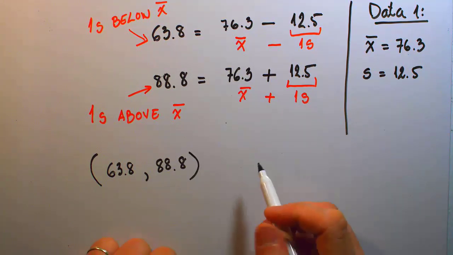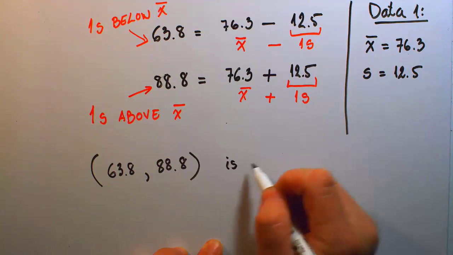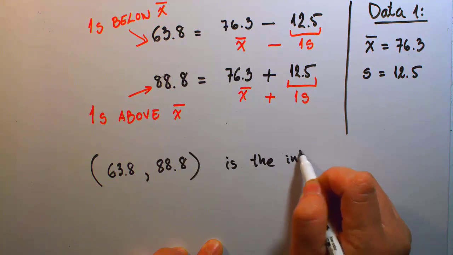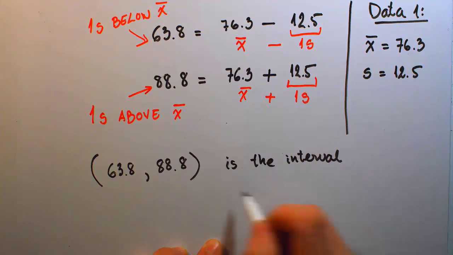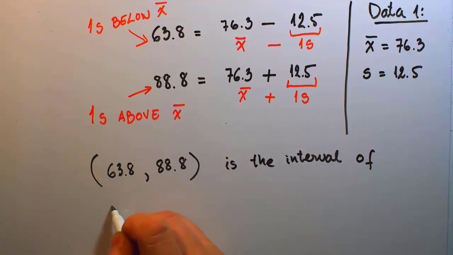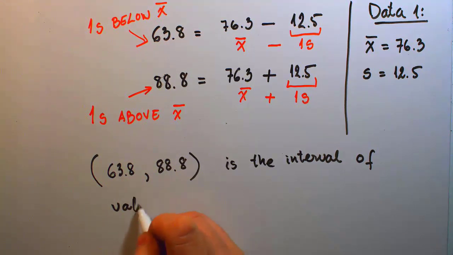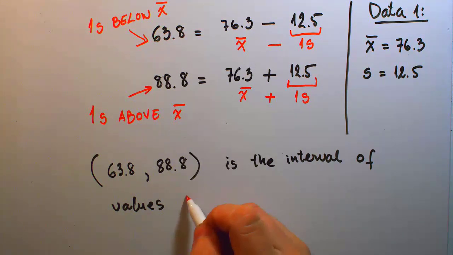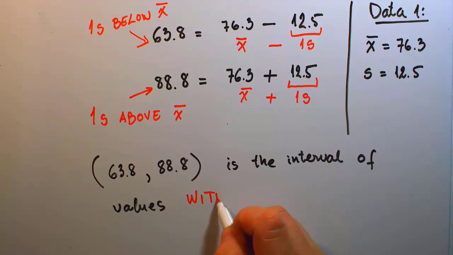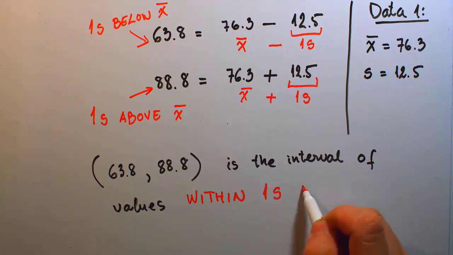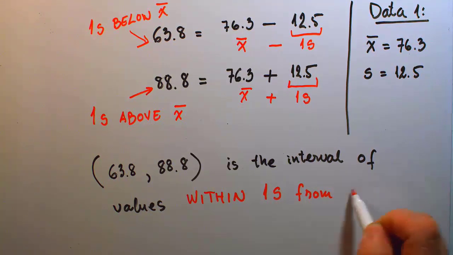I can now say that this interval is the interval of values. The important term I would like to introduce here: the interval of values within one standard deviation from the mean value.